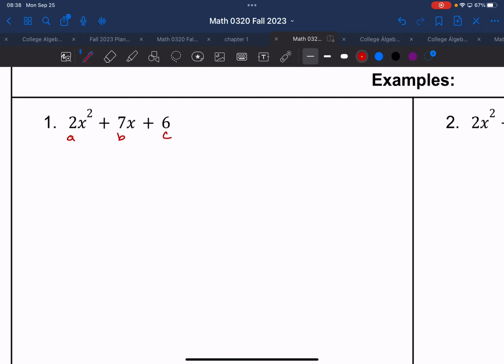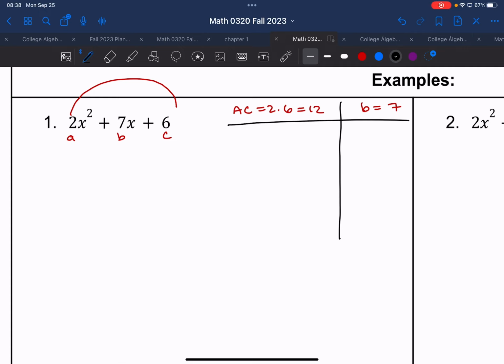For this method, I have to multiply my A times my C. So I have A times C, which is 2 times 6, which is 12. Okay. And then I write my B value, which is 7. So creating my table, I need factors of 12 that when I add them will give me 7.